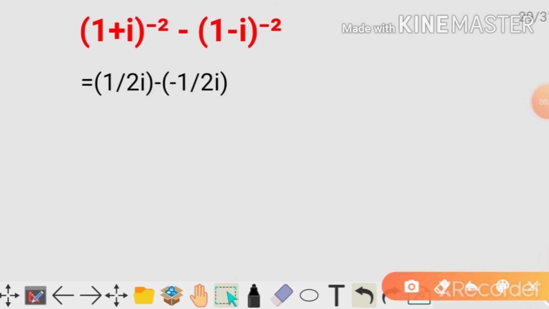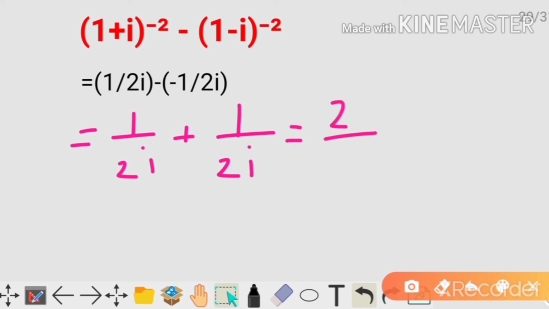And now in the next step we can write 1 by 2i, and minus will be plus 1 by 2i. So it will be 2 by 2i, right? And then the 2 can be eliminated, then we will get 1 by i, okay?